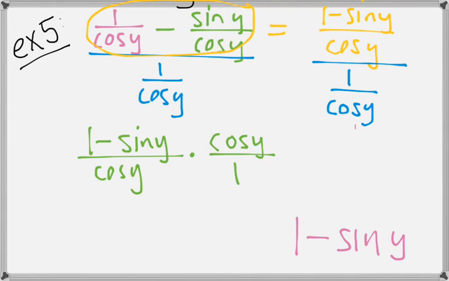Division is the same thing as multiplying by the reciprocal. So what happened after that? And we're left with just that, divided by 1, which is the same thing. All right, so that's one method.